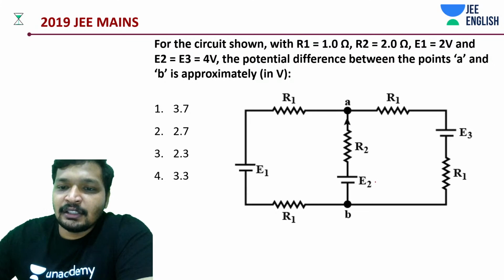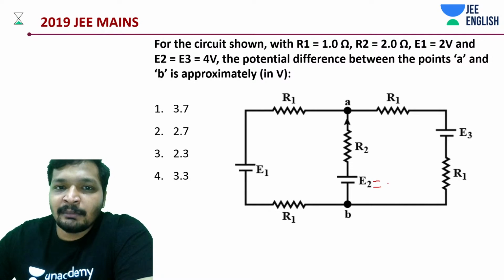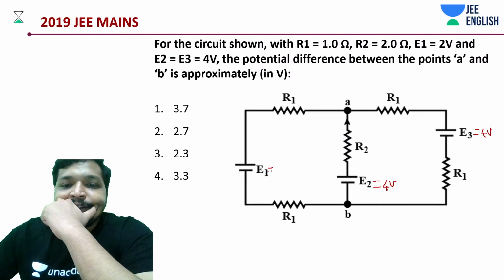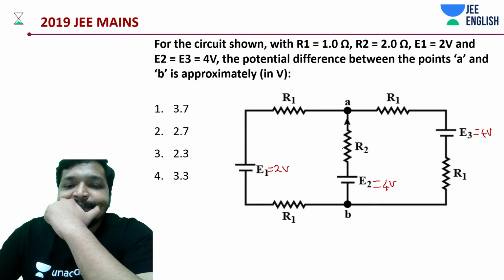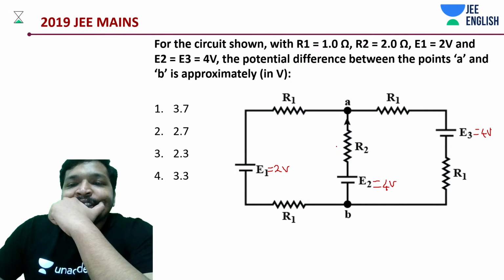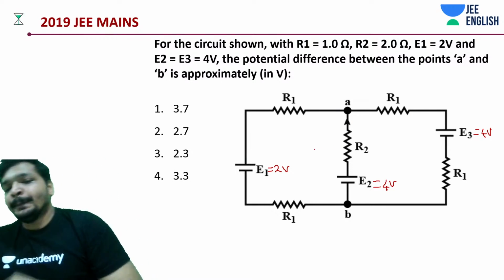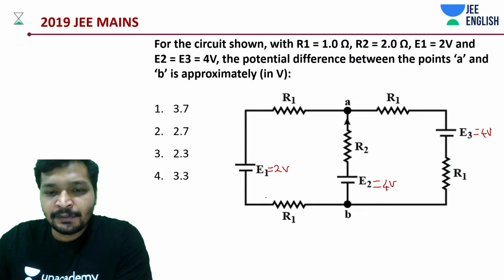If it was an exam, I would not be wasting time because I don't see a way of predicting the answer very quickly. This is 2 volts, and I don't think there is any way of predicting this. One thing we know is, definitely current is flowing in this direction.